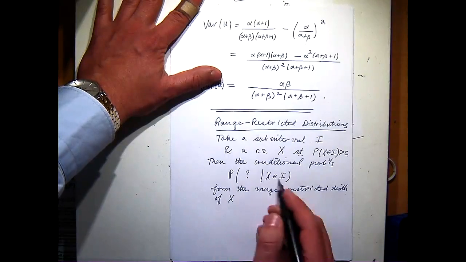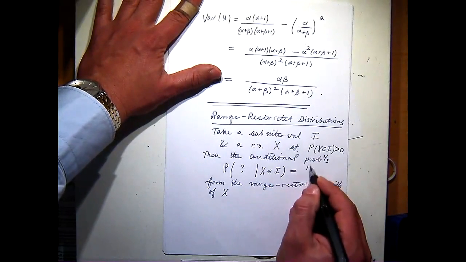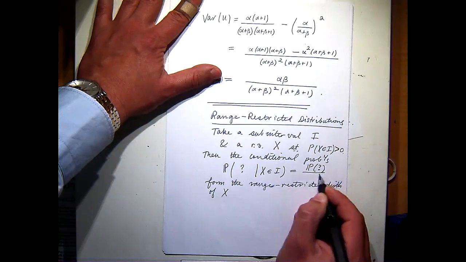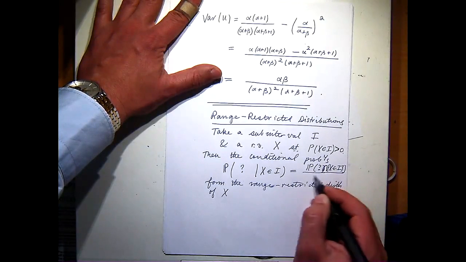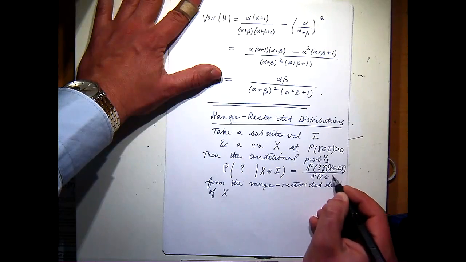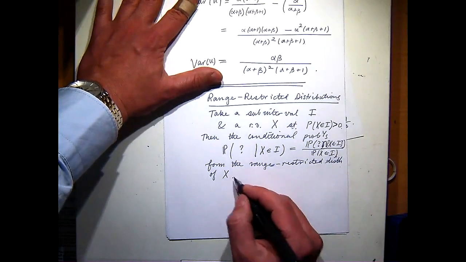In other words, that is of course the probability of that same event intersect x in I, divided by the probability of x in I. Because that probability is positive, there's nothing to worry about.